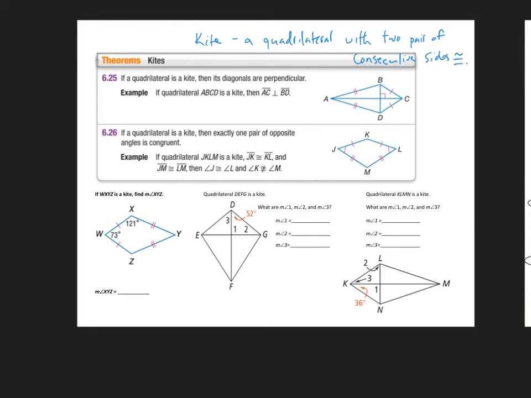So when I look right here, I see that I have a pair of consecutive sides and then the second pair. So I get this kite, and it says that the diagonals are perpendicular.